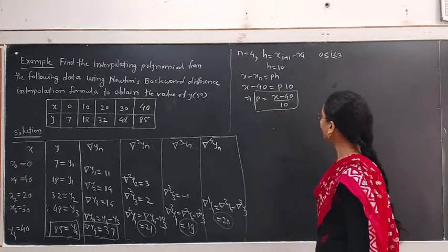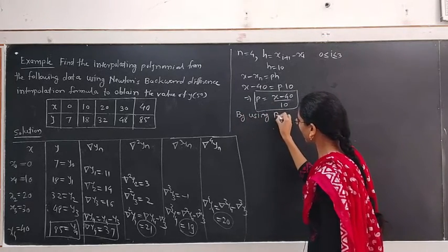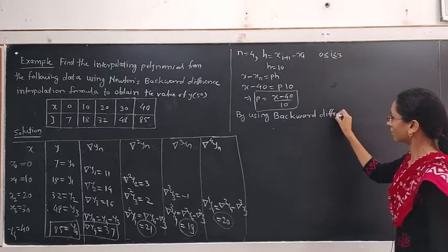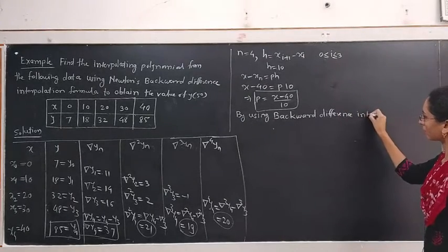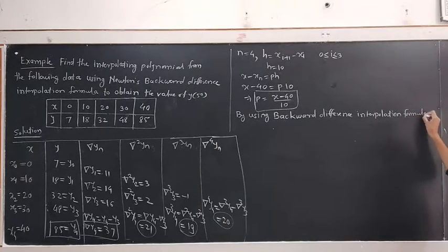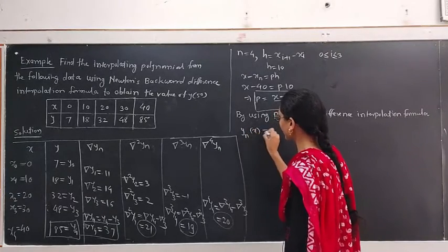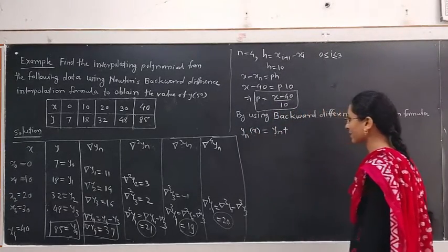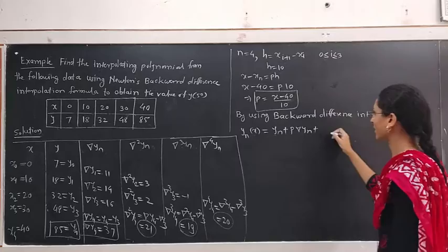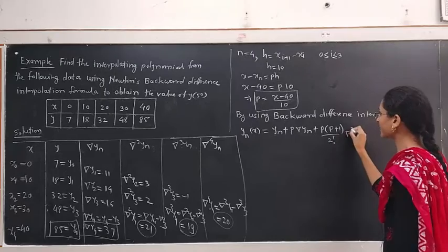Now using the backward difference interpolation formula, we get yn of x is equal to yn plus p into del yn plus p into (p plus 1) upon 2 factorial del square yn.